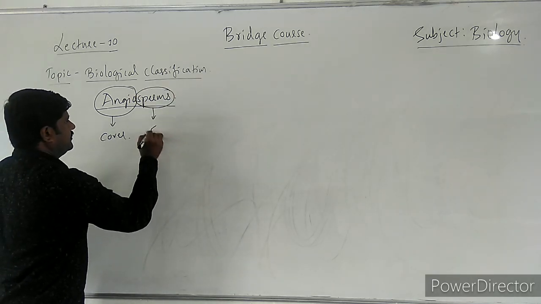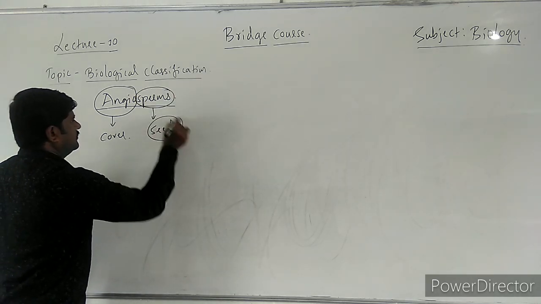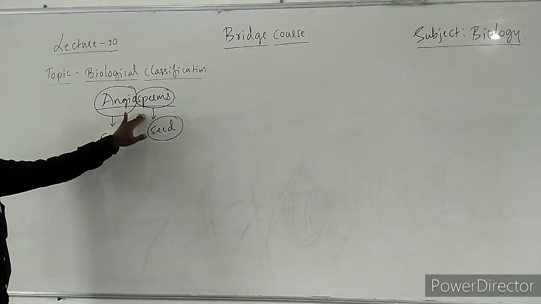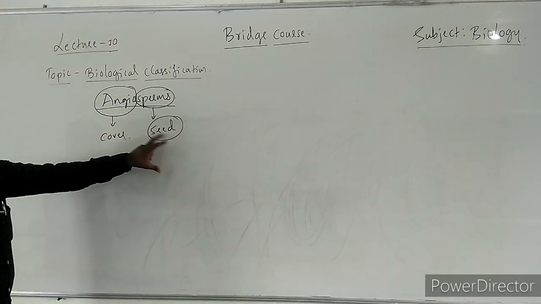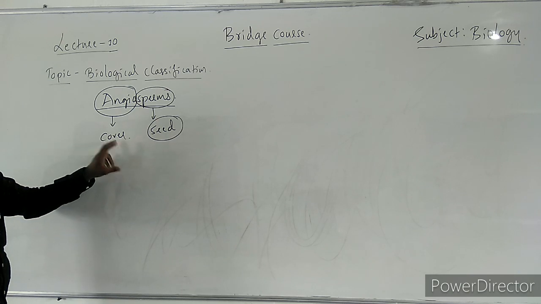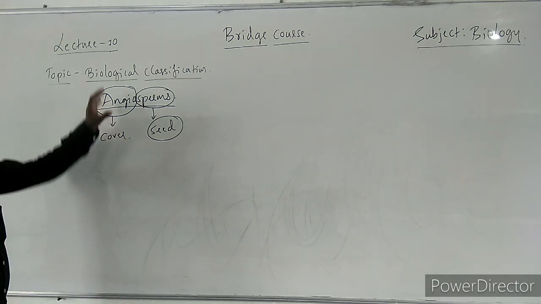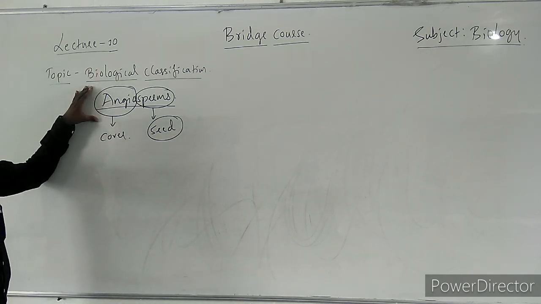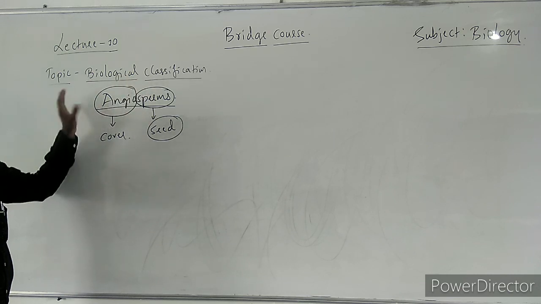Sperma means seed. Here the meaning of this word is seeds are covered with a fruit wall. Such kinds of plants which bear seeds with the fruit wall, they are called angiosperms.